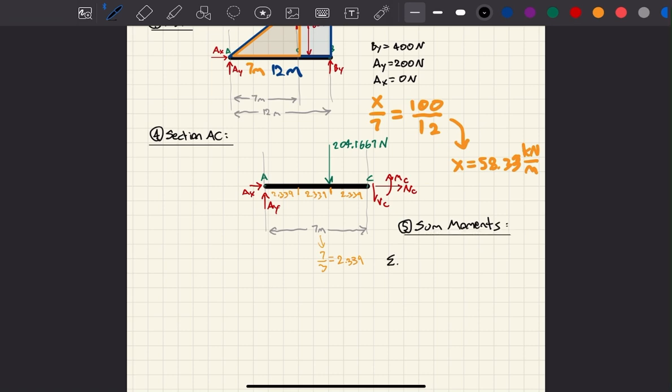So sum moments. Take the moments about point C, and we say counterclockwise is positive. We get MC. This force will cause a moment, and it is this distance away. And this force will cause a moment, AY, and we know AY from up here, and it is 7 meters away.